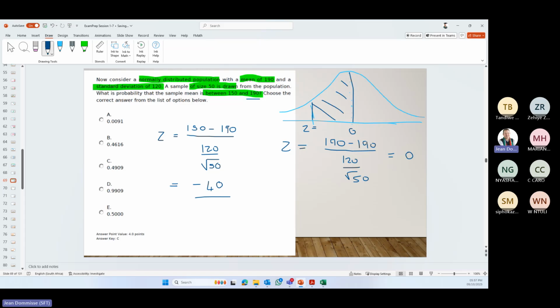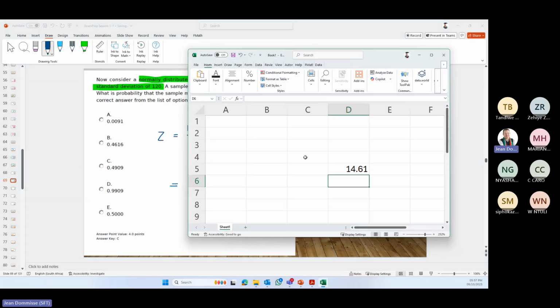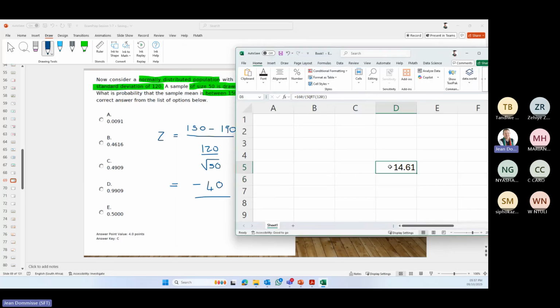And then, again, I don't have my nice calculator. So 120 divided by the square root of 50 is 16.97.